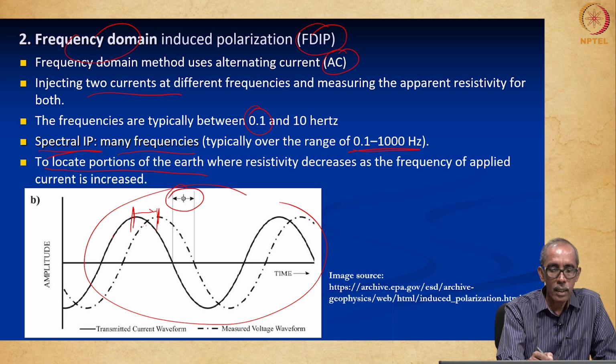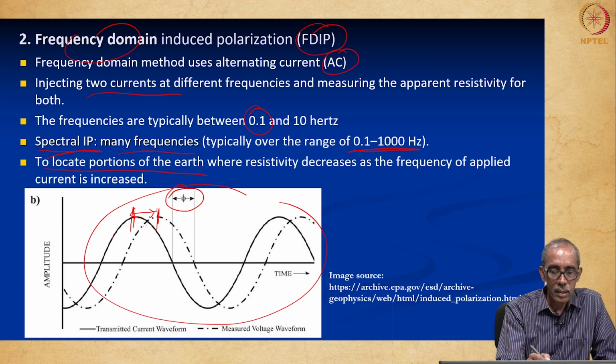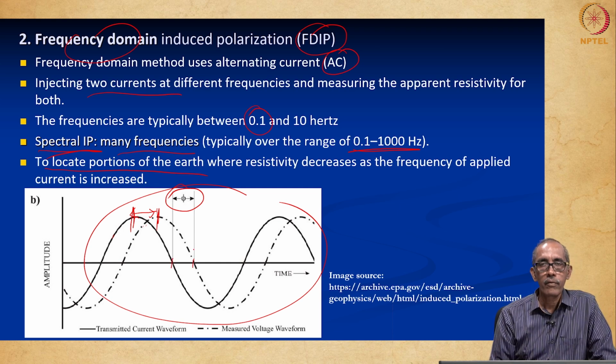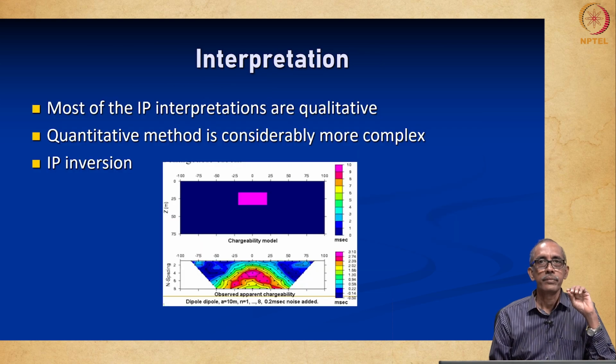So, what is the difference between the two? That is what is known as radians. We can measure either this or the percent frequency effect. So, this is how the induced polarization method is carried out, either in time domain or in frequency domain.